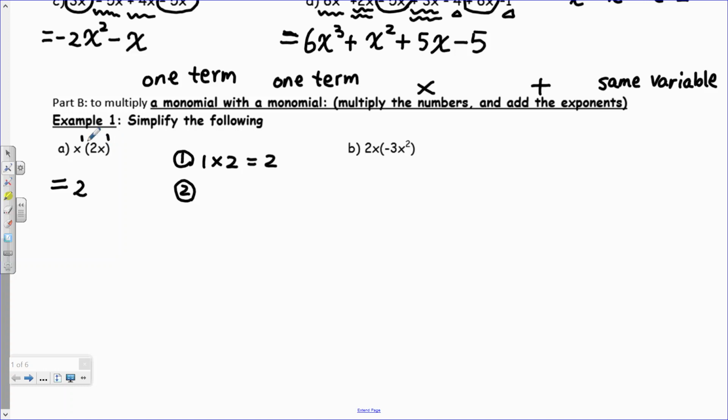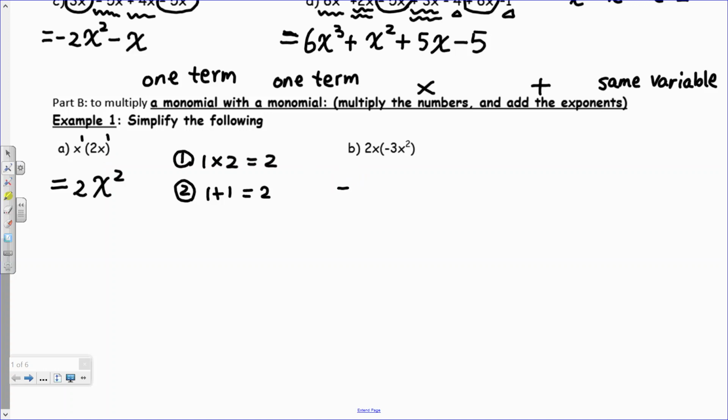If there are no numbers for the degrees, they are added together. So 1 plus 1 gives you 2, so you have x squared. These are the two operations: numbers are multiplied, and degrees are added for the same variable.